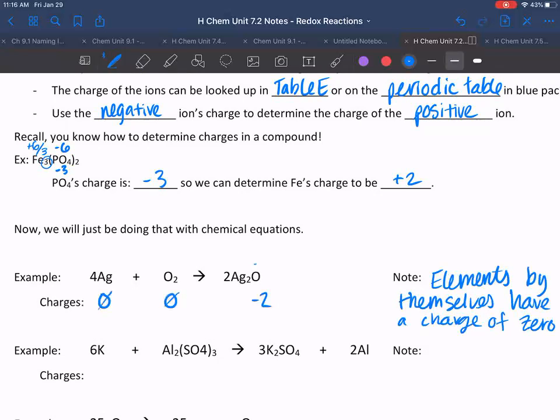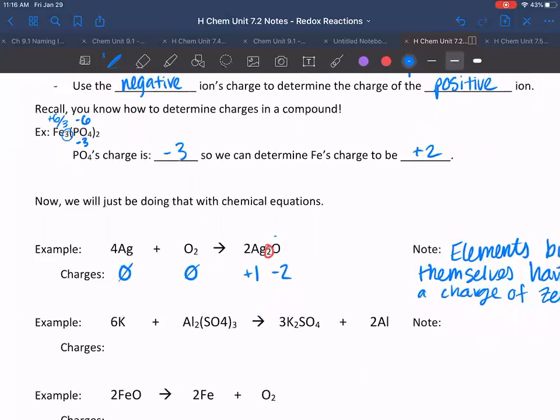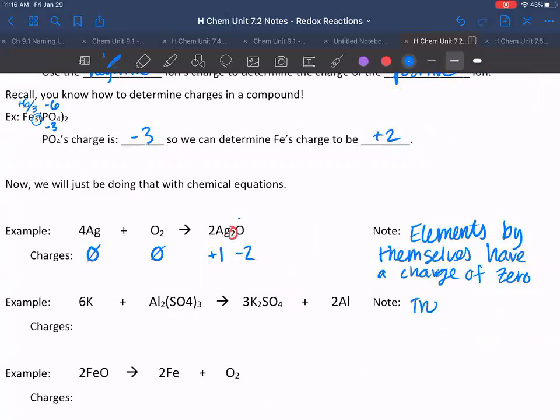For silver, since we have 2 of them, and I'm not talking about the coefficient up front, since we ignore those for determining charges, I'm talking about this subscript 2, each of them can only be +1. That way, the compound will still be neutral. That's my next note: the sum of the ion charges remains at 0.